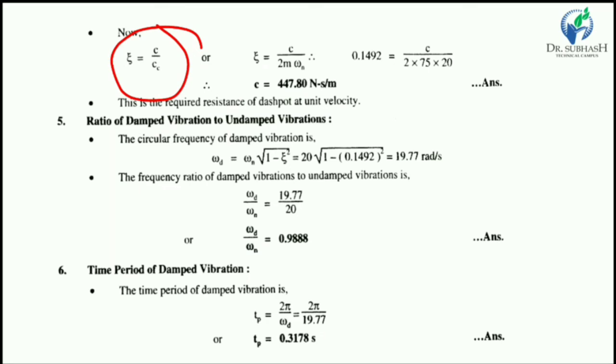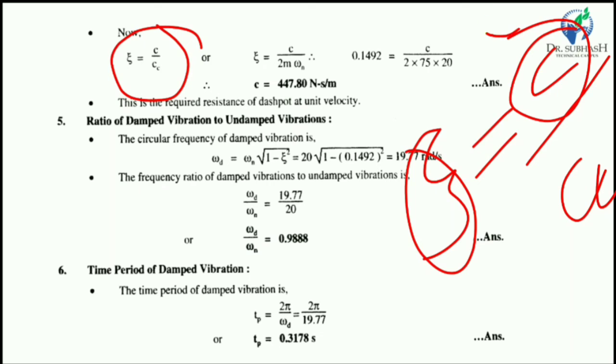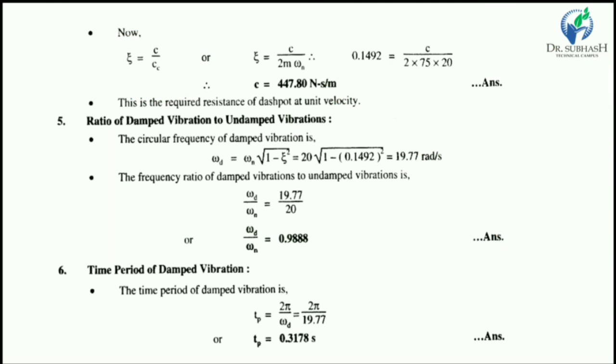So we find the damping coefficient from the zeta equation. Zeta is already found, so we have the value of zeta, and we also find out the value of cc, and cc is found with the help of 2 m omega n.